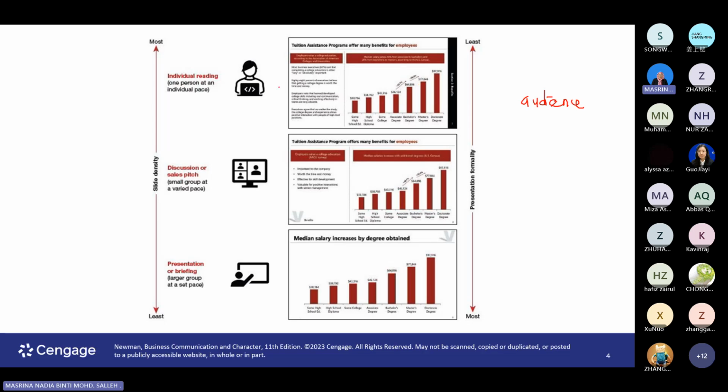We have three different designs here, but actually the same thing. The information is actually the same, in terms of the target audience and the purpose.